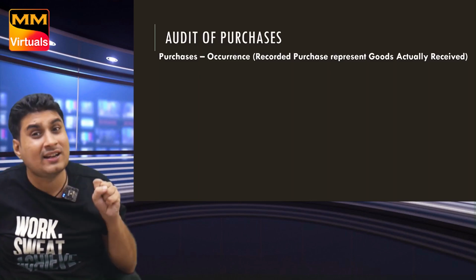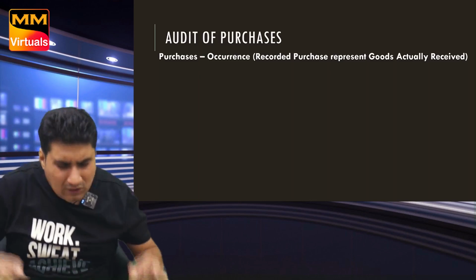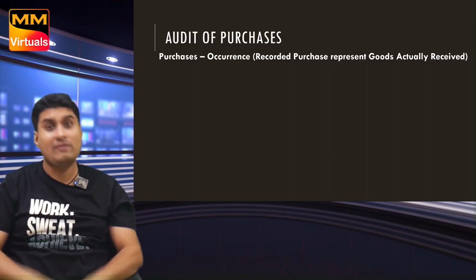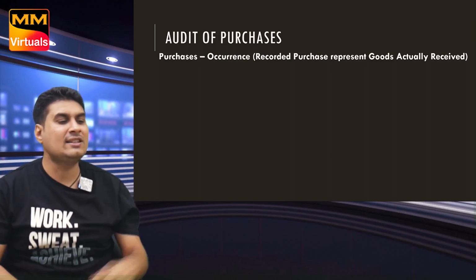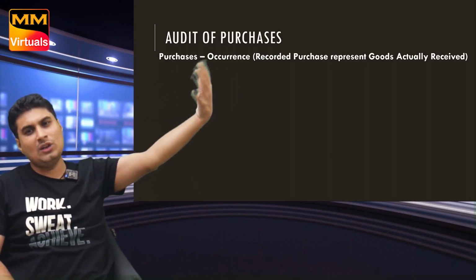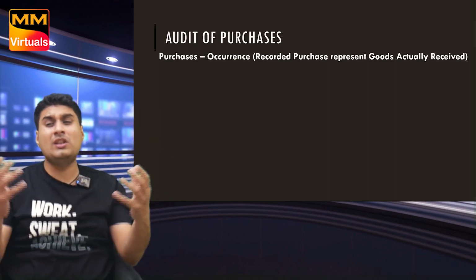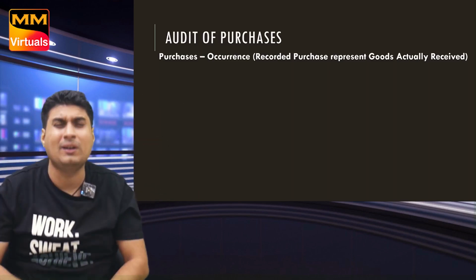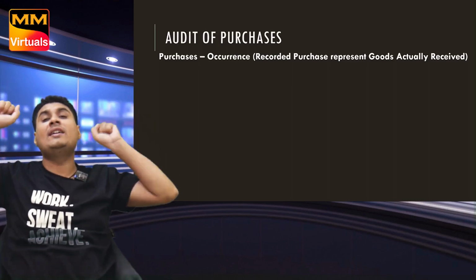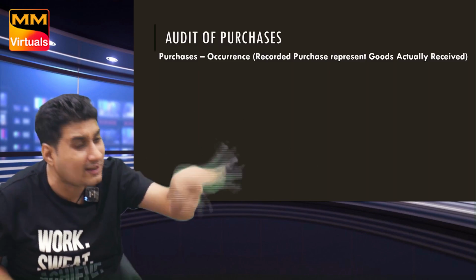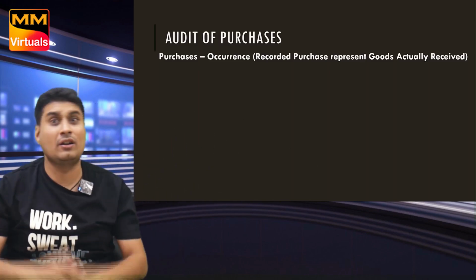See the gatekeeper's register. Many times I will show dummy purchases also. What will I get with a dummy? I will put money in my pocket. I will say, for an Innova car we had taken on rent. This is actually a service, but I am taking just an example. We had actually never taken the Innova. I just told the vendor to prepare a dummy invoice and send it to me. The vendor will say, okay, no problem.